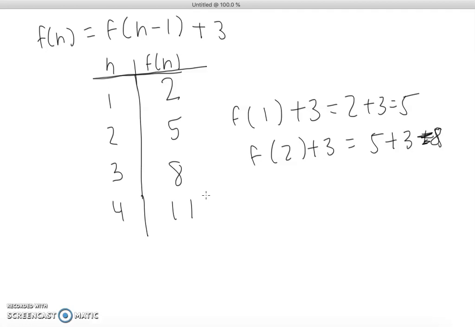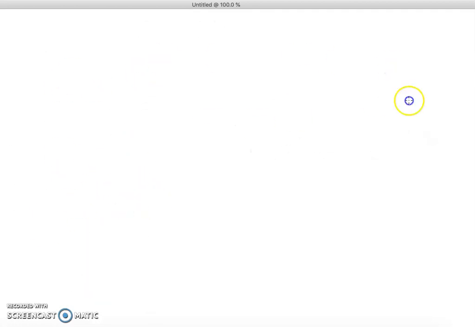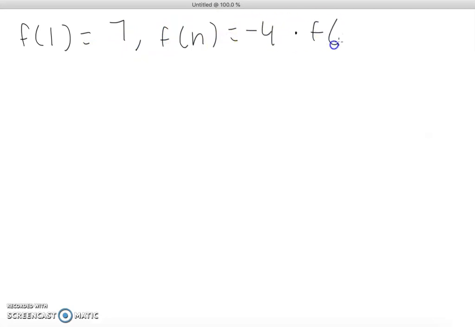There are so many practice problems in the book, which I honestly think are wonderful. So I'm going to do one of the examples with the given rule. We have f of 1 is equal to 7, comma, f of n is equal to negative 4 times f of n minus 1 plus 15. That is a little long, but as you can tell, they've given us this first value because it's mandatory.